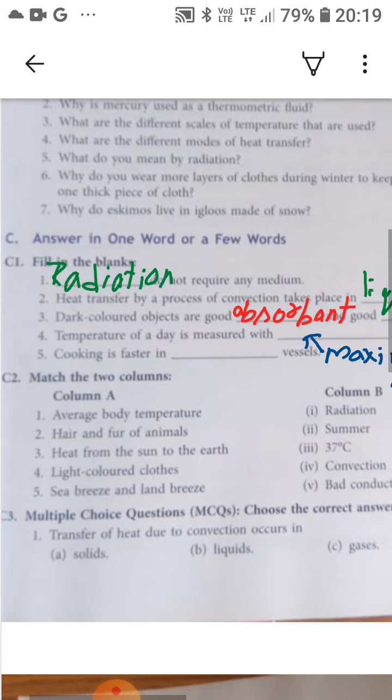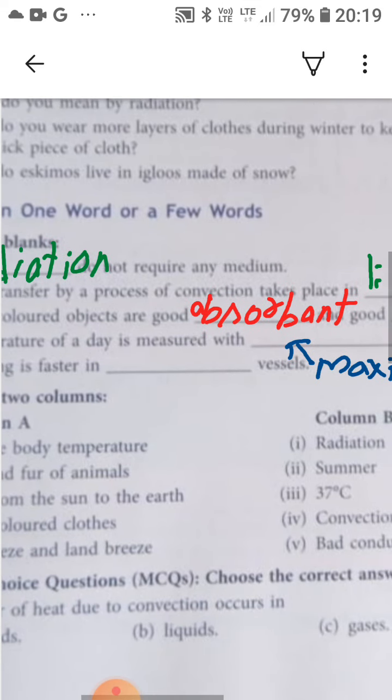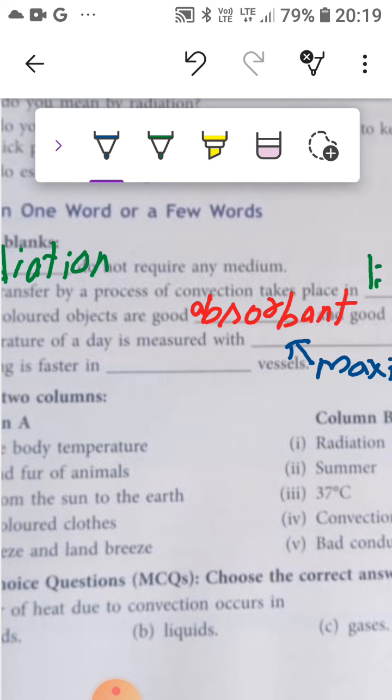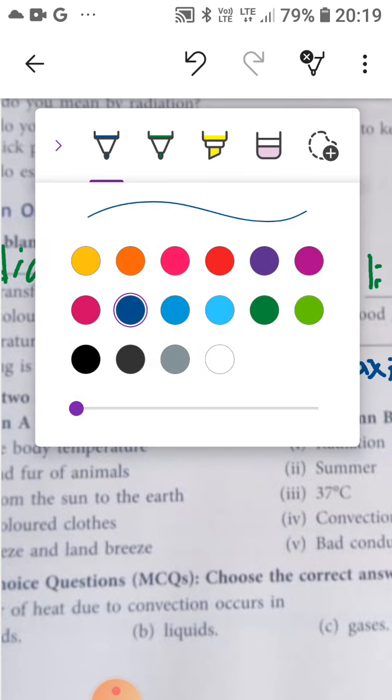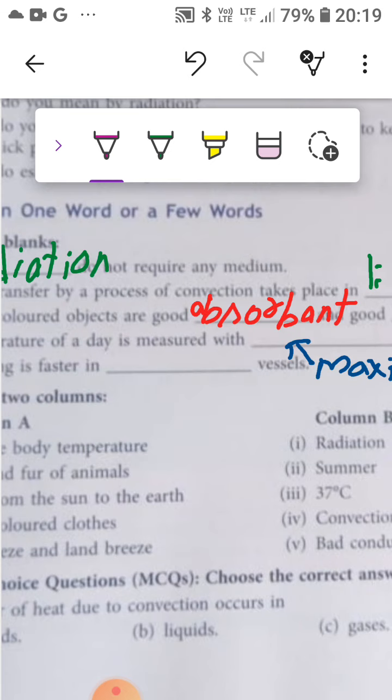Now the fifth, cooking is faster in painted vessels. Painted.